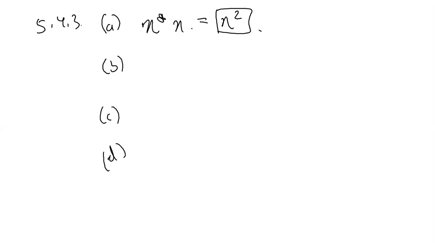Two. Yes, correct. Why is it 2? You can give me the 2 cases if you want. Like, it's either this way or this way. As long as you say it.